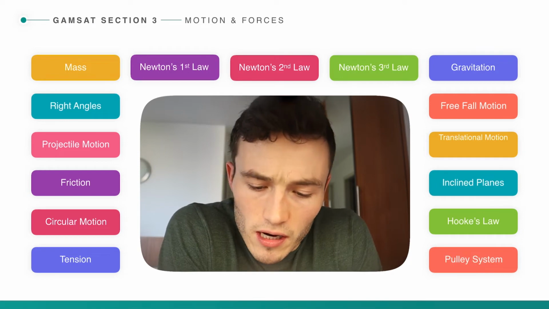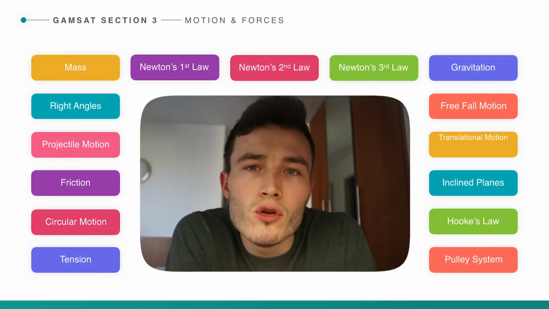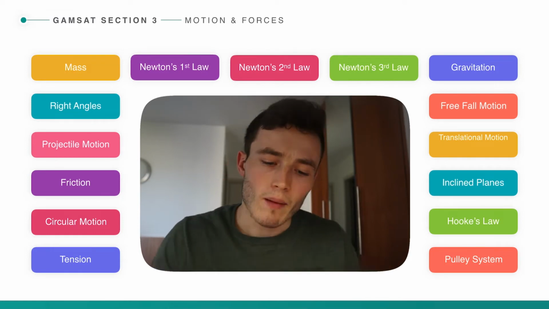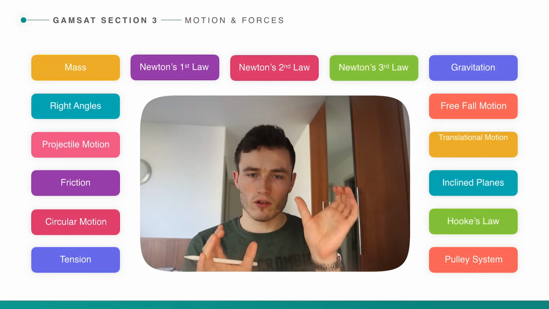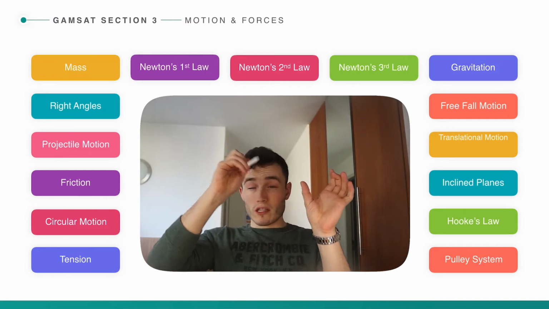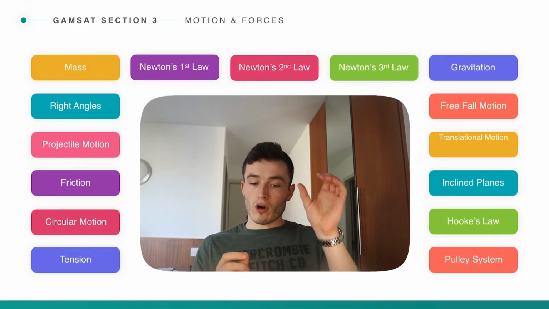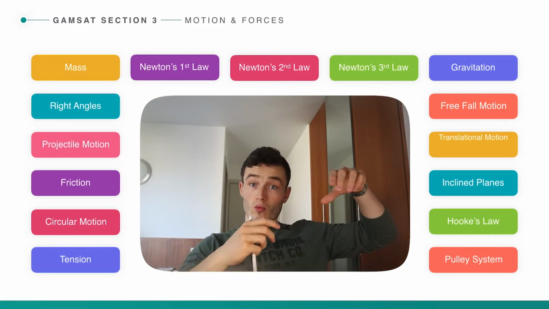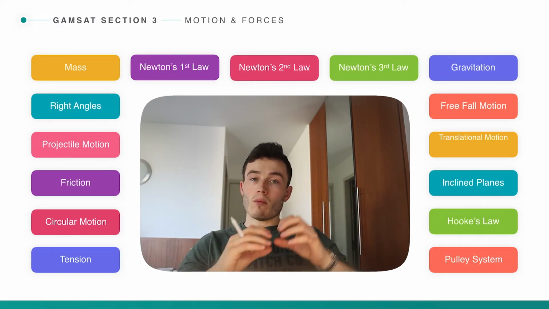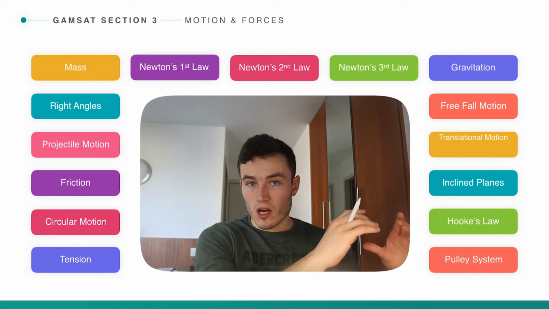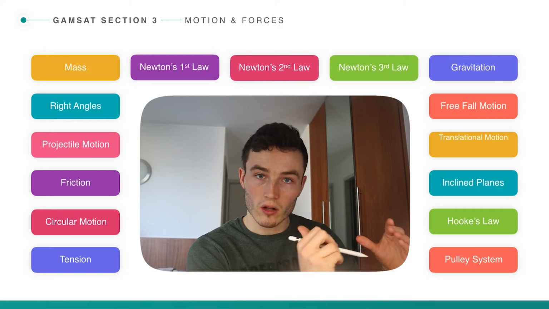Pulley systems are really important because they apply Newton's second law in particular. You will see a lot of questions where they relate two masses, and there might be a pulley at the edge of a table. One mass is hanging from a string, acting downward, but then we also have a weight on the side which is opposing it, and there's also a friction force holding that.